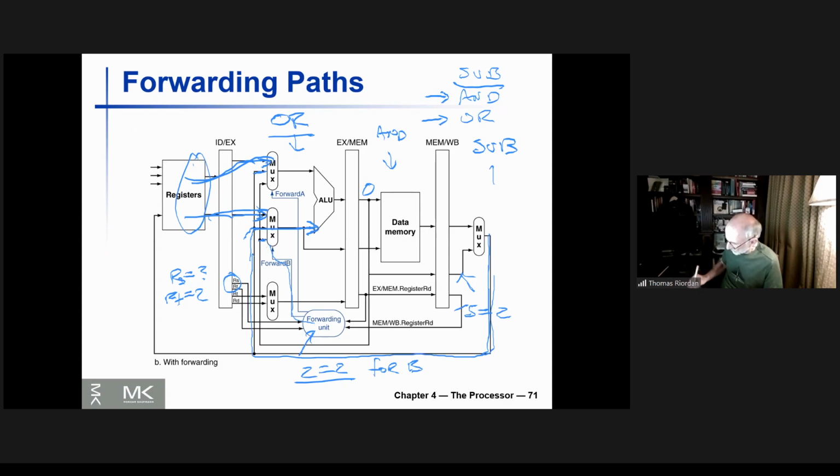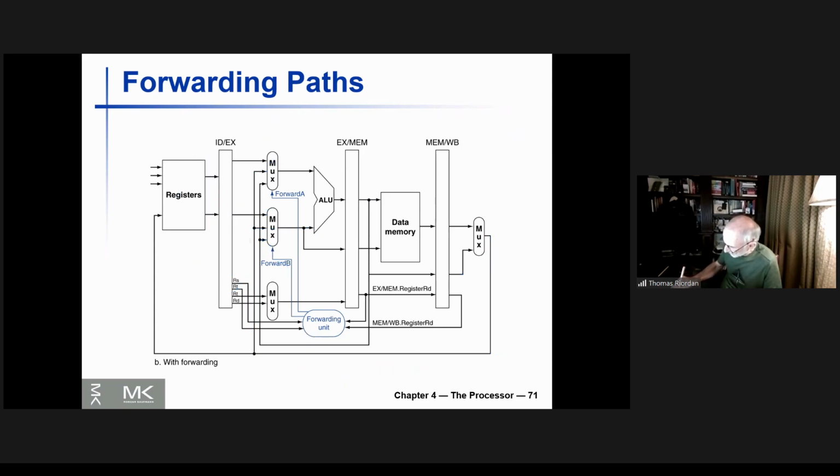So we can see that the next instruction that showed up after the OR wanted R2 in both, right? It had R2 in both top and bottom. But in the one case we had a 2 here, that's gone.